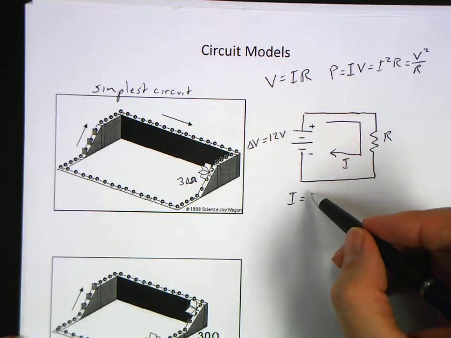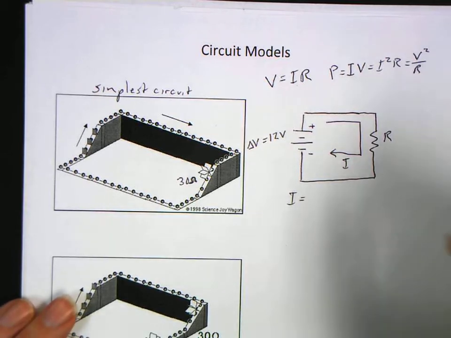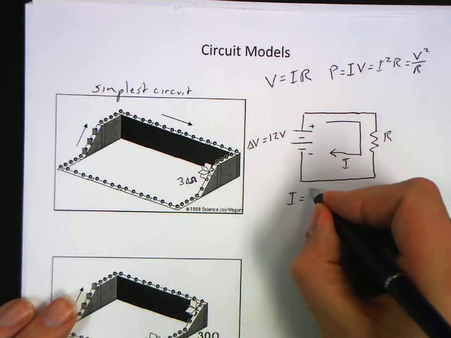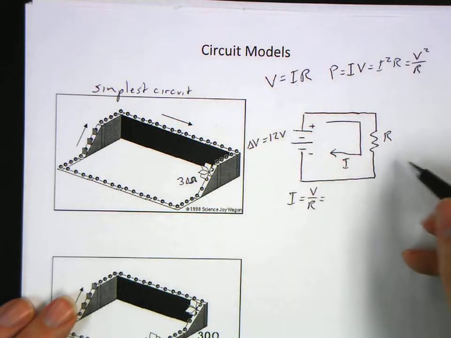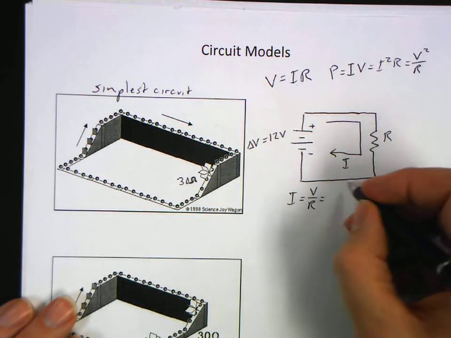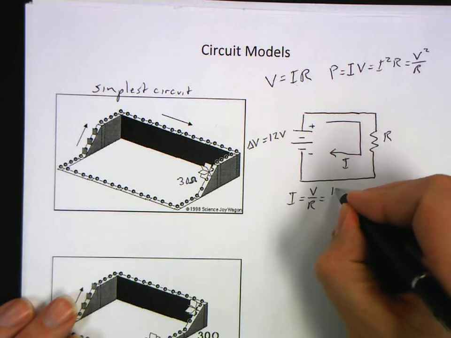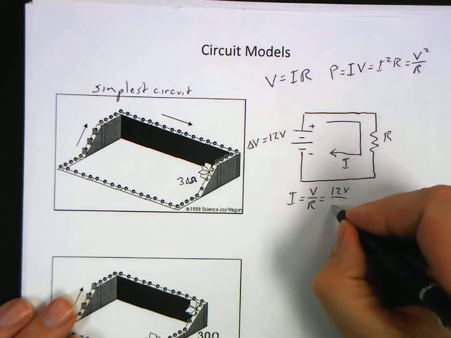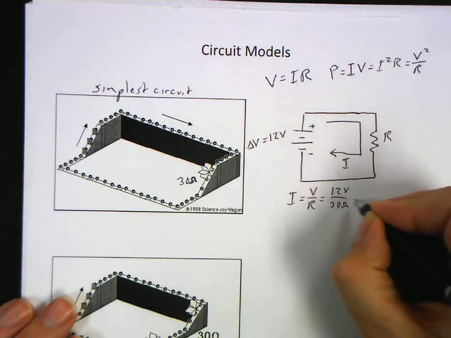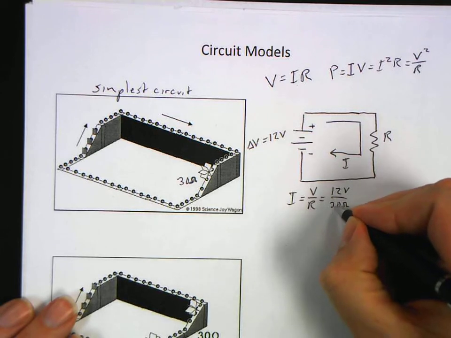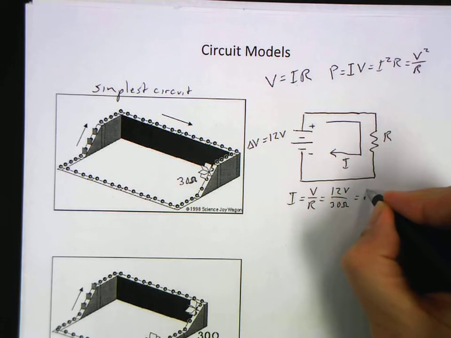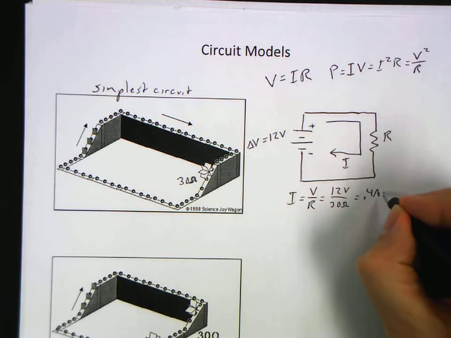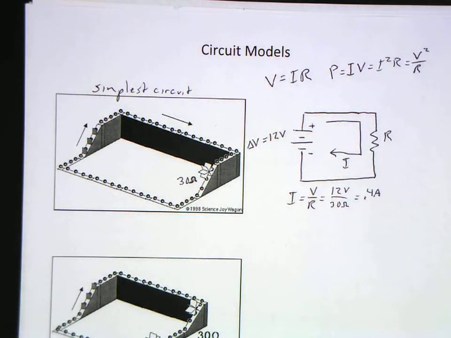Our current, which is the most basic thing to answer, is going to be equal to our voltage divided by our resistance. We've only got one voltage, one resistance here, and so that is 12 volts divided by 30 ohms. 12 divided by 3 would be 4, so this is divided by another 10, so that's 0.4. So 0.4 amps is our current for this one.